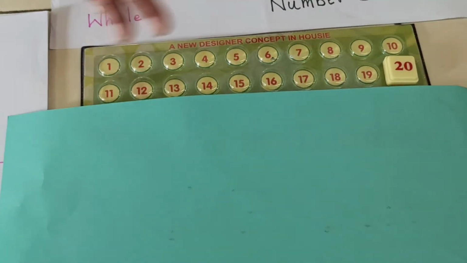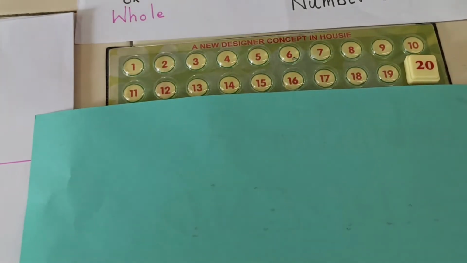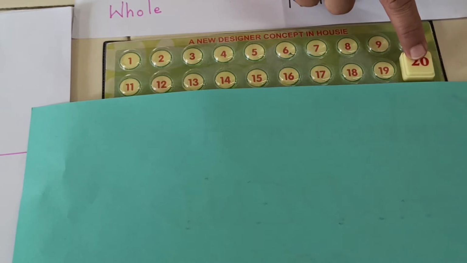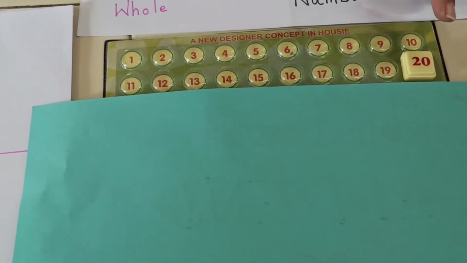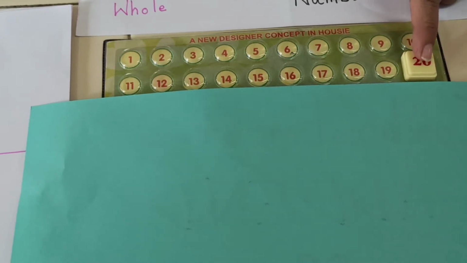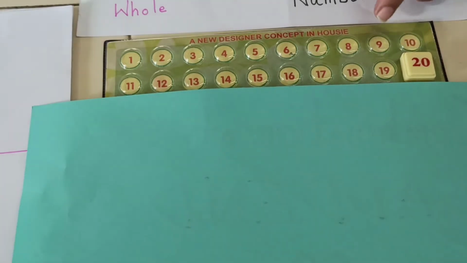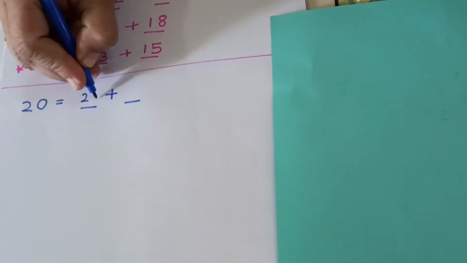Once you are comfortable enough, you don't need this board also, you don't need this paper also, but initially do use it. Okay, so 20 is my number. The first combination, the easiest combination, is when I am standing on 20, that means equal, right? So I'll use the first combination as 20. So I'm going to write here first combination as 20.